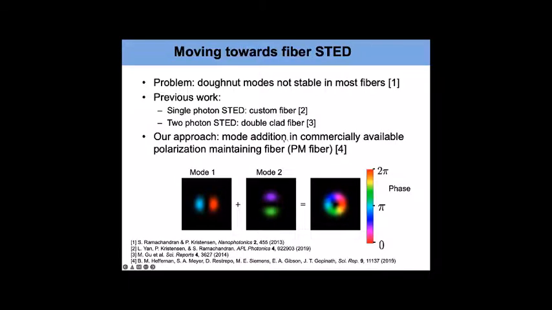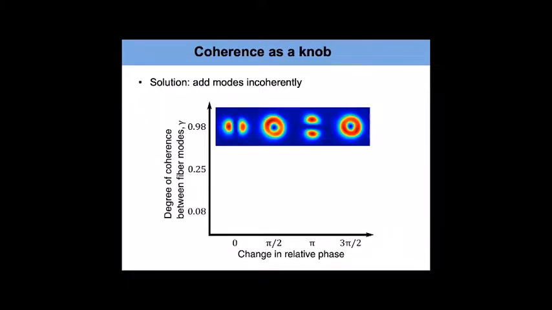Our approach was to use a commercially available polarization maintaining fiber. Here we launch two different fiber modes, mode 1 and mode 2, and if these are offset by a phase of pi over 2, then you'll generate this vortex beam or donut mode.